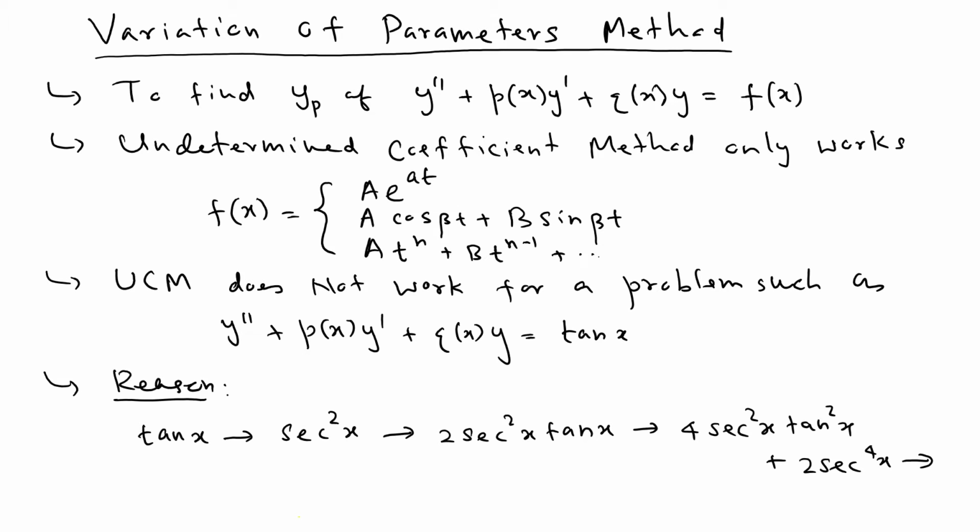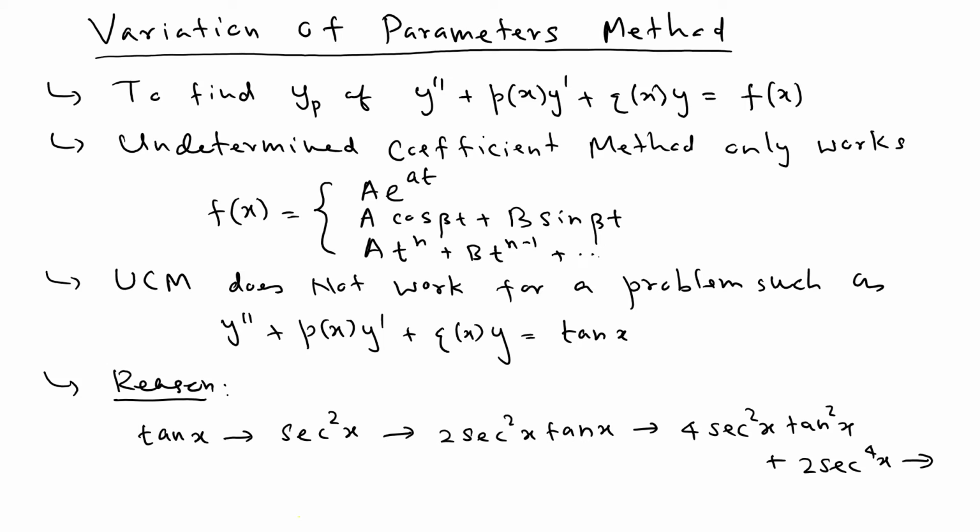You can see all of those terms are different. So you always get a different derivative every time. That's one reason. And also you cannot write a derivative as a linear combination of previous ones. So that's a major problem.